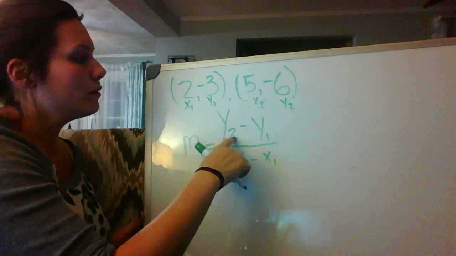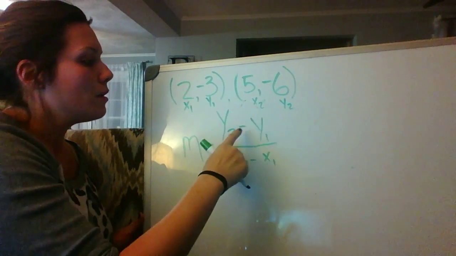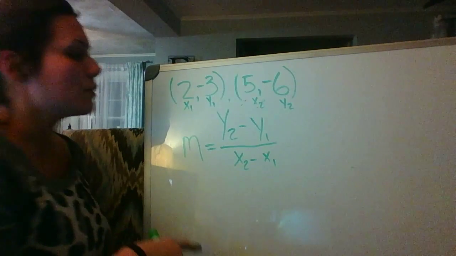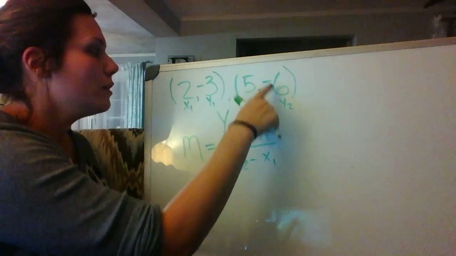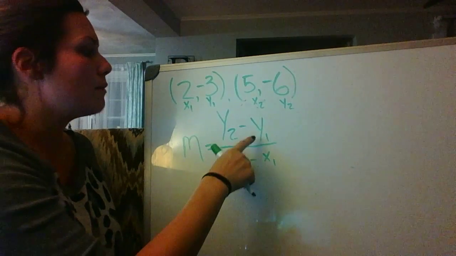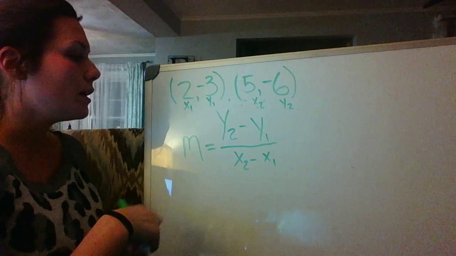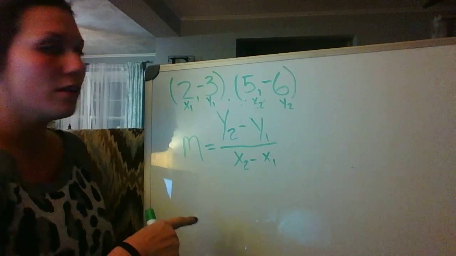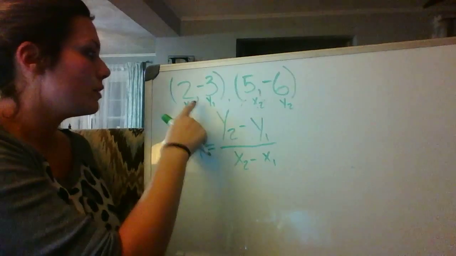So now I know my y2 and my y1 and my x2 and my x1. My y2 is negative 6, my y1 is negative 3, my x2 is 5, and my x1 is 2.